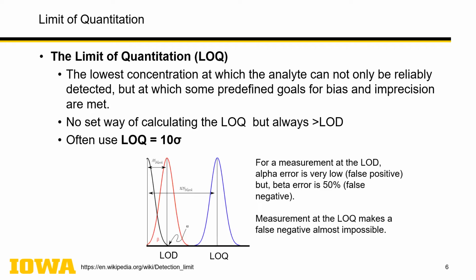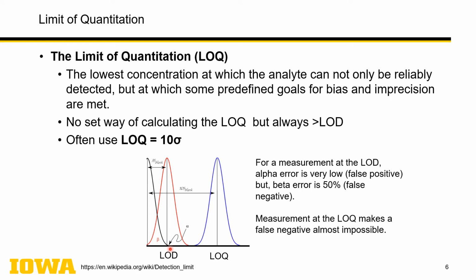Well, this graphic here, actually from Wikipedia, does a pretty nice job of describing that. Here's our 0, and we've just discussed that the LOD is going to be way out at 3 sigma on the tail of that distribution of values when we're just measuring a blank.